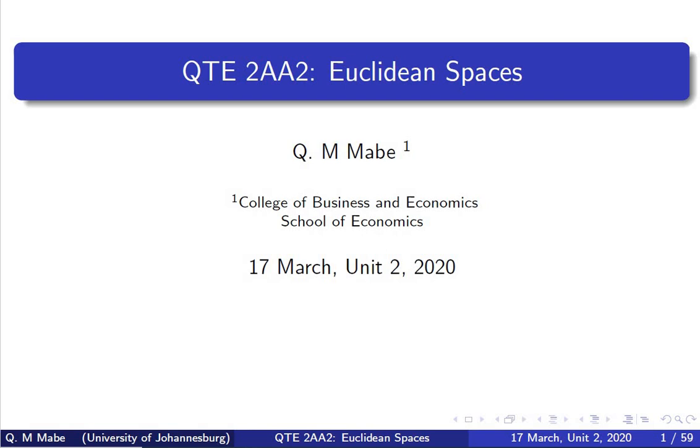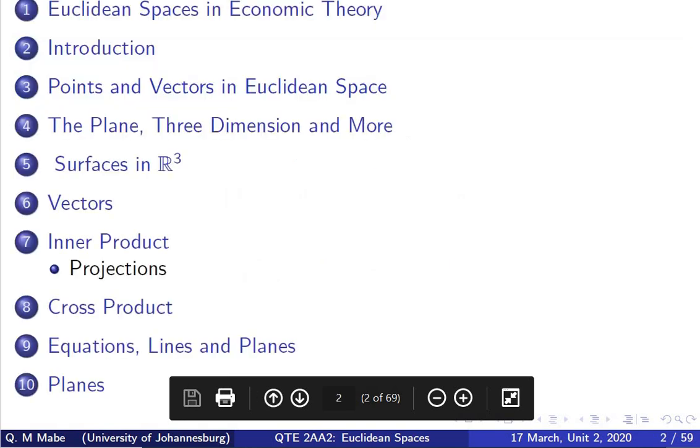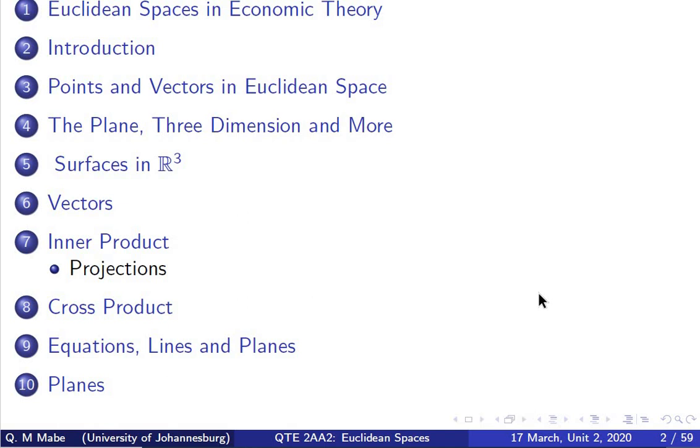Good day, students. Today we will be covering Euclidean spaces. And this is just an outline of today's lecture. We will have a discussion on how Euclidean spaces are relevant in economic theory, and we'll go on to discuss points or vectors in a Euclidean space.